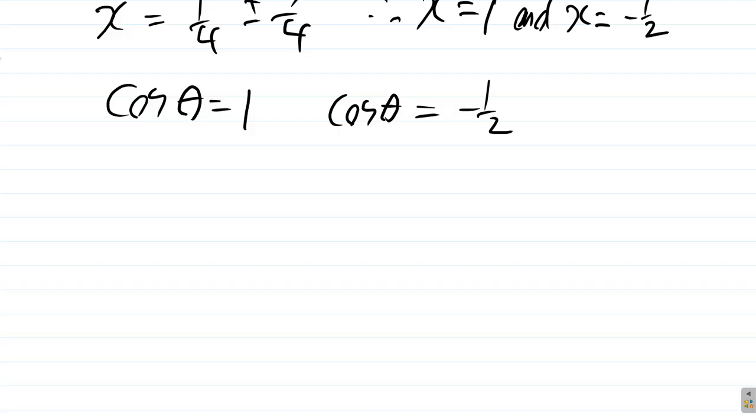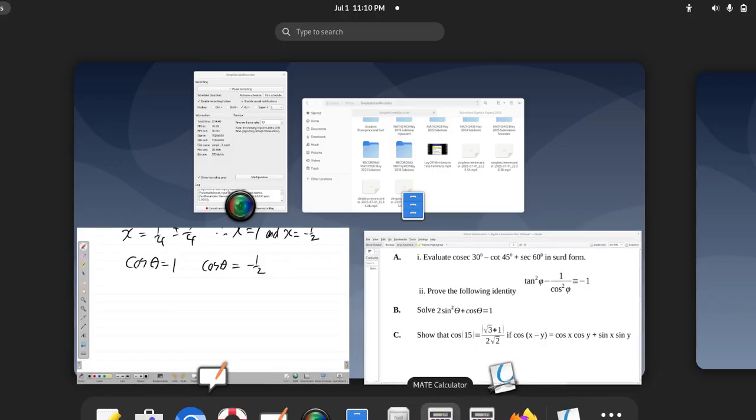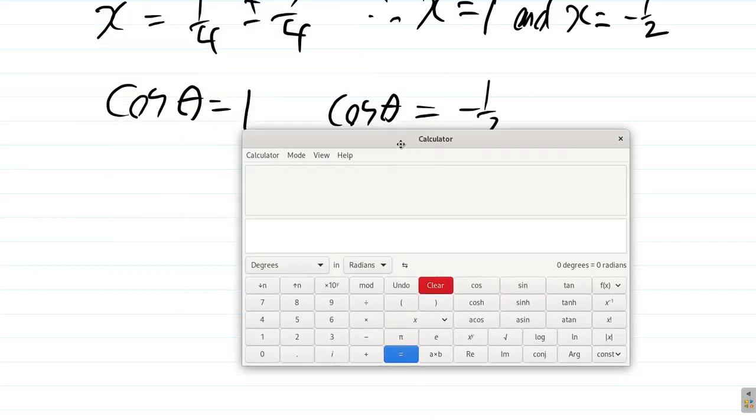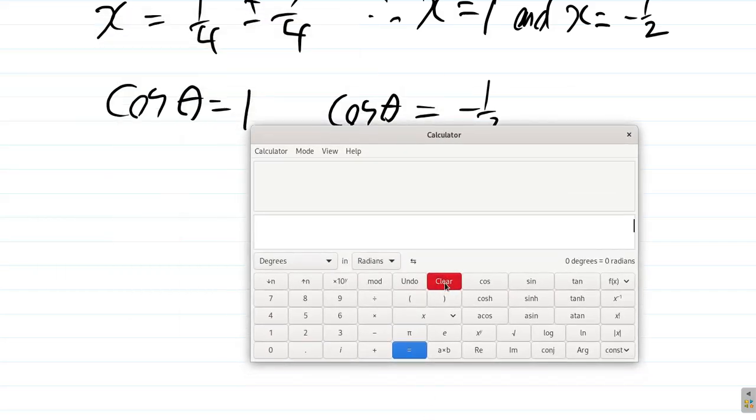When cos theta is 1, then you find cos inverse 1. There's a calculator. Just to make sure that this is in degrees, although I don't know how to put this in radians, sine 30 is half.